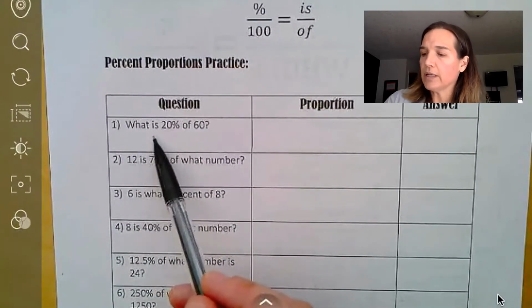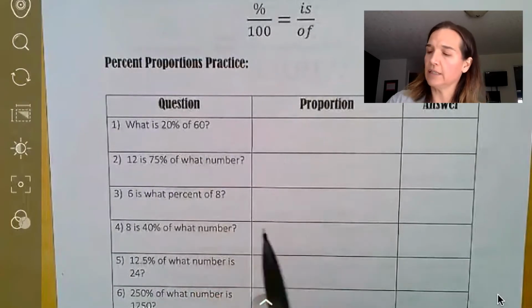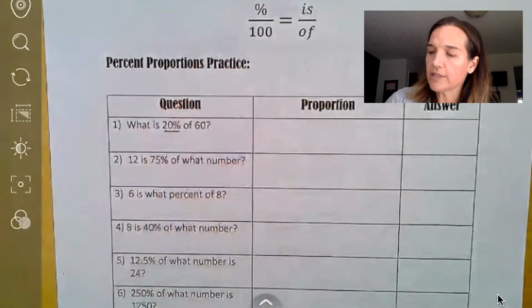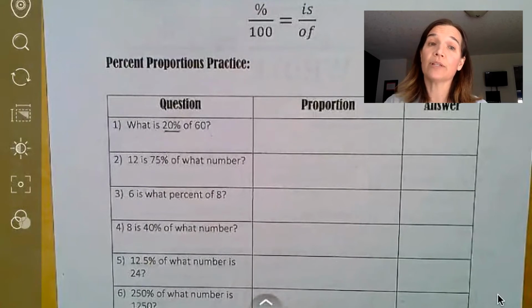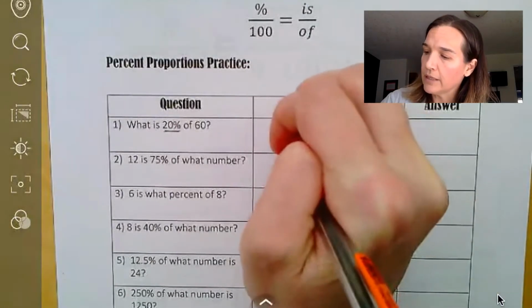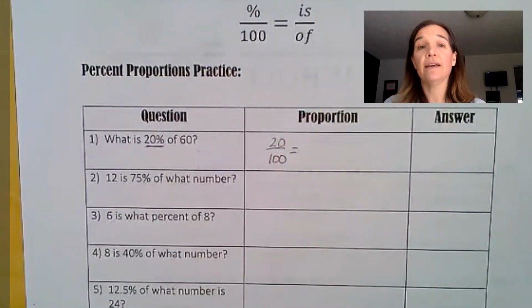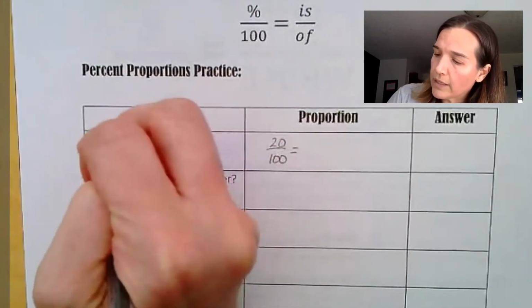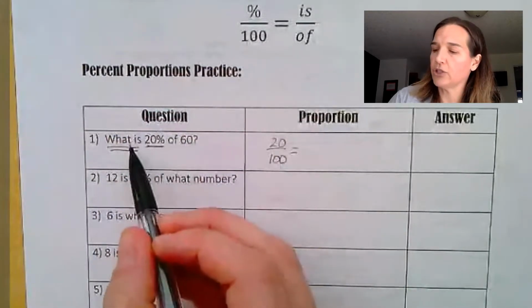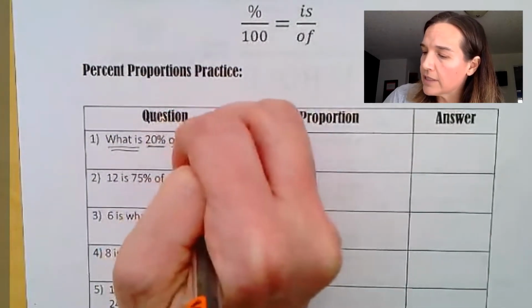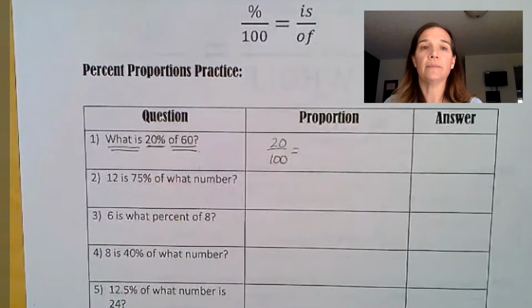So when it asks what is 20% of 60, notice the percent always has a percent sign with it, or it will say what percent. So that one's easy to place. The percent always goes over 100. Then notice what is, there's the is attached to a what, and then of 60, there's the of attached to a 60.